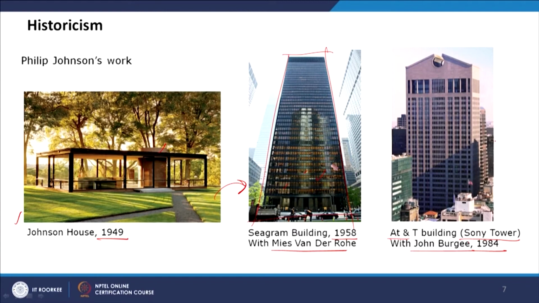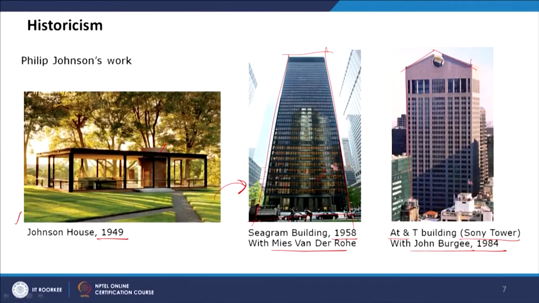If you look at it, it has a look like a Greek trabeated form with a pediment, and this is how it is divided. The building is again clad with pink granite stone, and all these lines give a sensation of columns going up and holding this capital, and this Greek style is there.